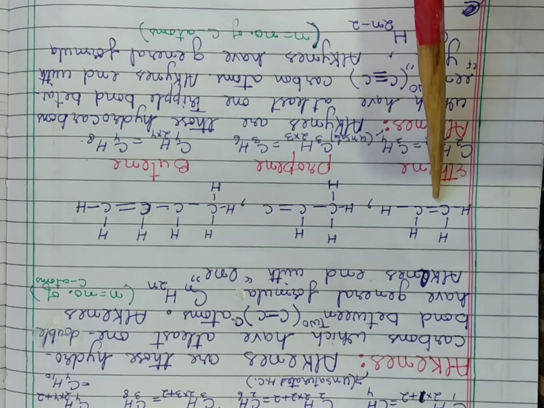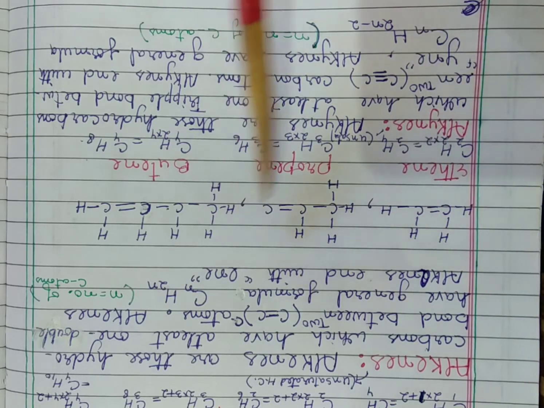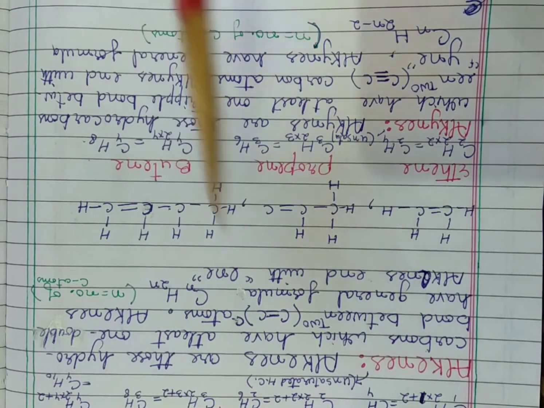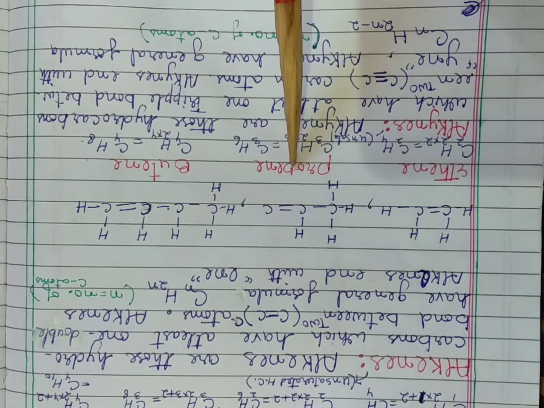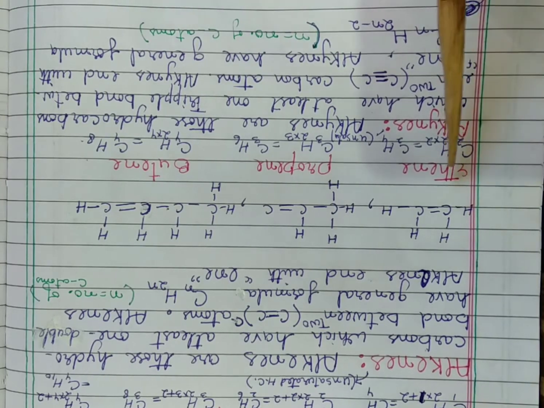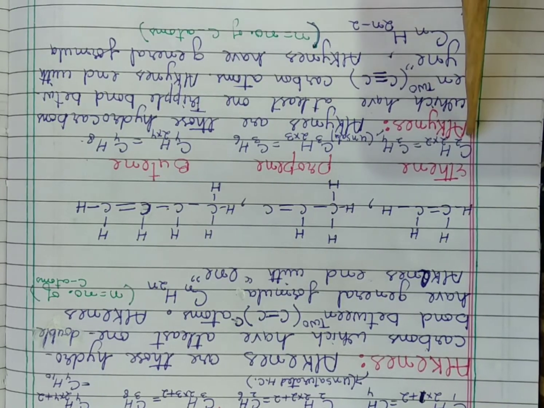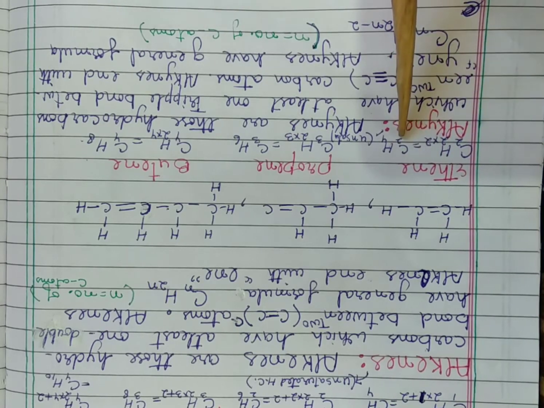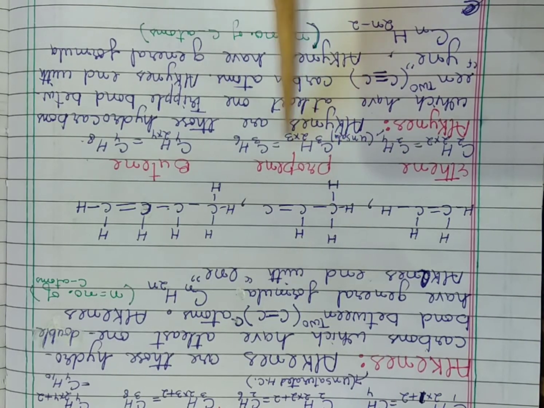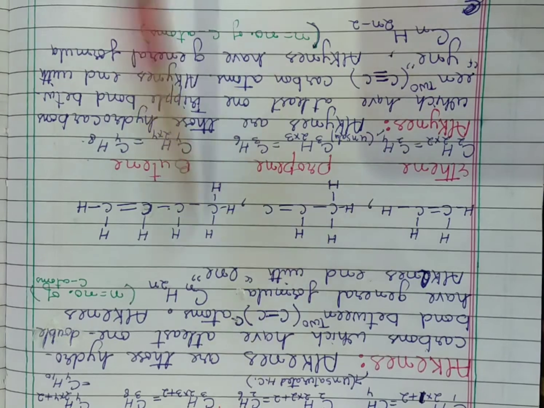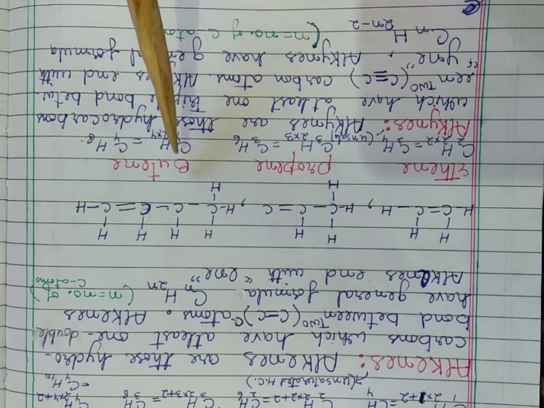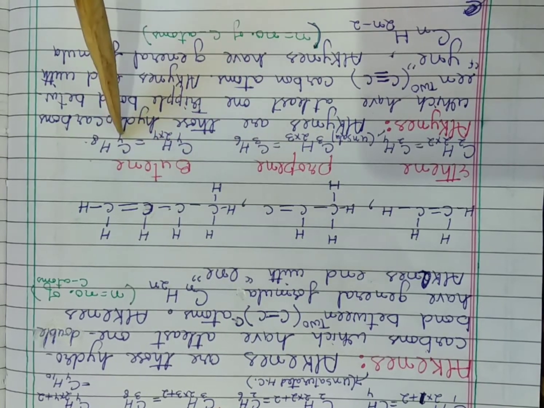Ethene is the first member of the alkene family, then propene, butene, pentene, hexene, heptene and so on. As far as their formulas are concerned, in ethene n is equal to 2, so C2H2 into 2 becomes C2H4. Propene, n is equal to 3, C3H2 into 3 becomes C3H6. Butene, n is equal to 4, the formula becomes C4H2 into 4, that becomes C4H8.